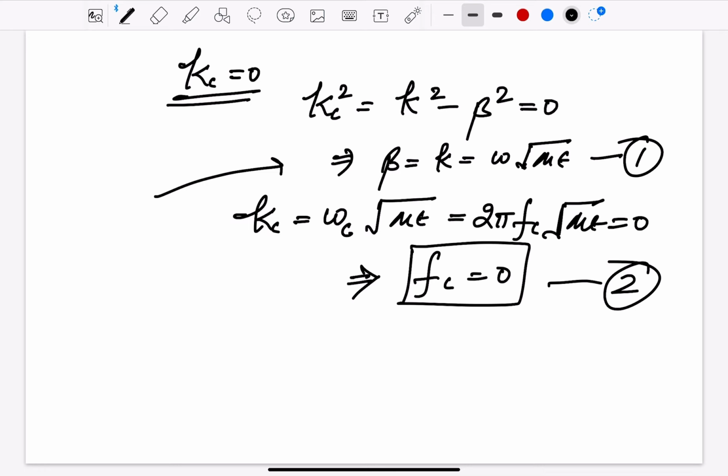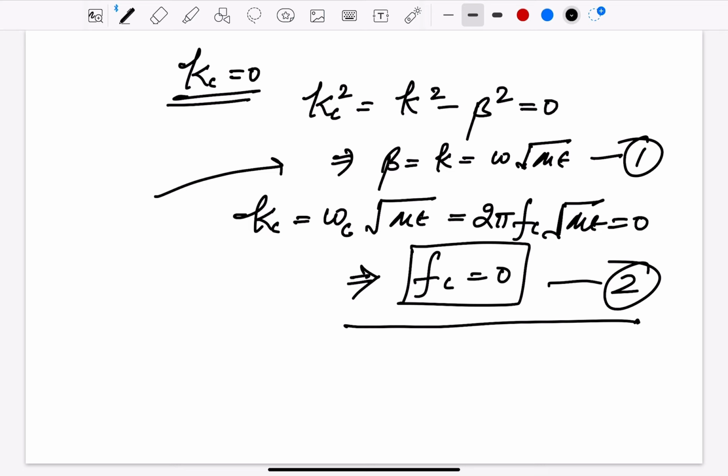So this is the first equation. It shows that the phase constant beta of the TEM mode on the guided structure is equivalent to the phase constant of a plane wave propagating in a region characterized by the same media between the two conductors of the guiding structure. Whereas the second equation shows that the cutoff frequency of the TEM mode is 0 hertz.